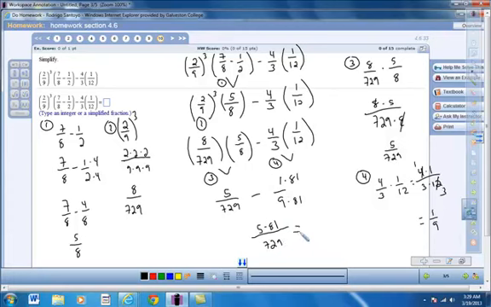And when I subtract 5 minus 81, I get a big number like negative 76 over 729. This is a number that we try to reduce. We will see that it will not reduce. So we get that as our answer. Now, it looks big, but that's okay.